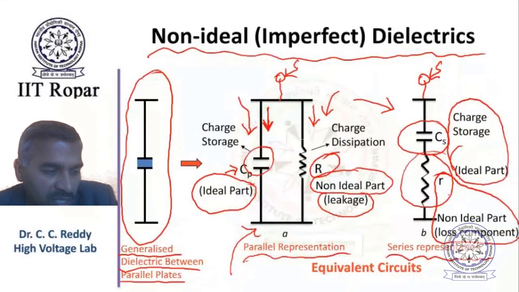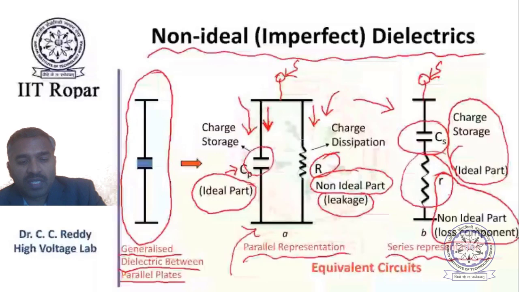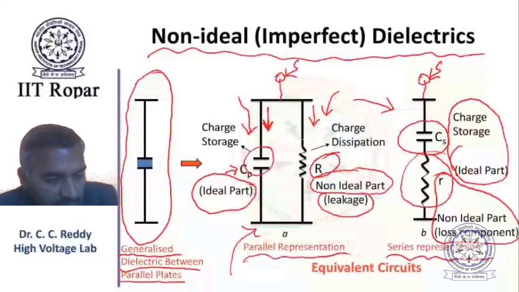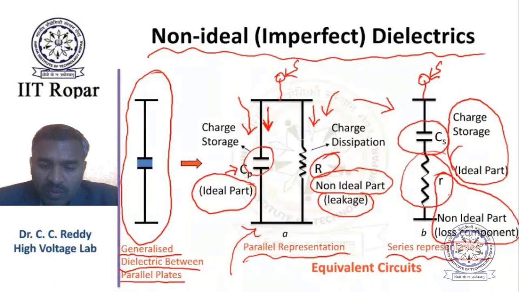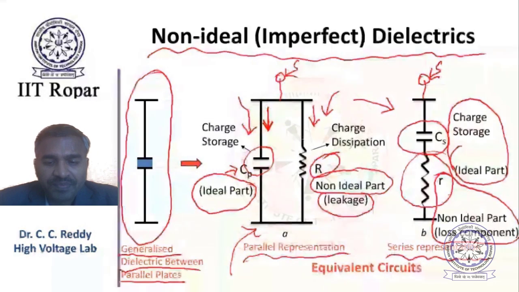So it is a complicated study. But of course, for engineering approximation, you can assume resistor values within certain range and capacitor value within certain range of frequencies, they will remain same. And engineering applications you can do. But for particular frequency, of course, these perfect circuits can be made. Yes, sir. Equivalent circuit.